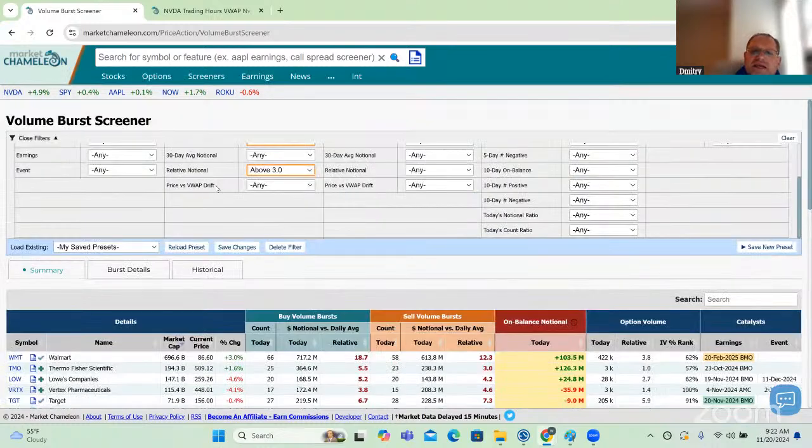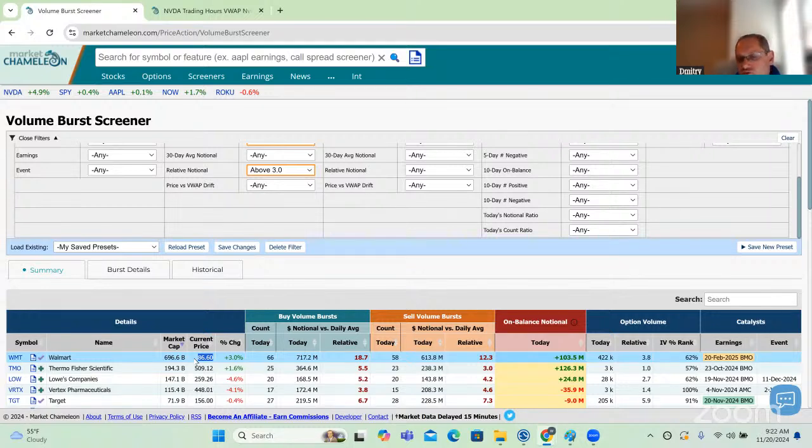And let's say that we also want to see that the price itself, let's say here in Walmart, the price itself is moving higher after this buy burst. So there's follow through, like they take liquidity and the stock continues higher, right?